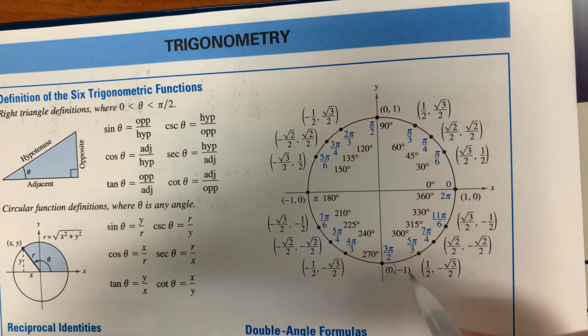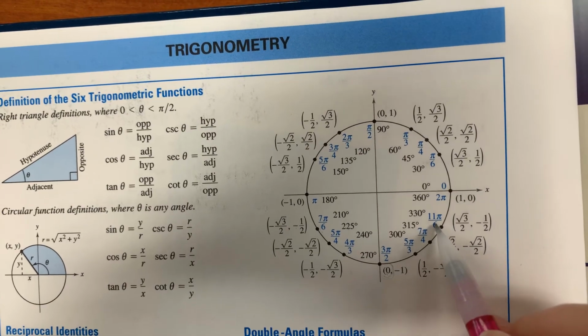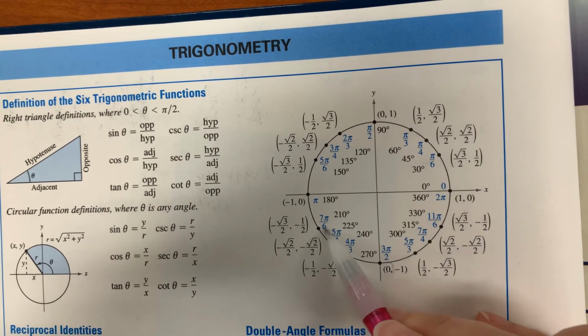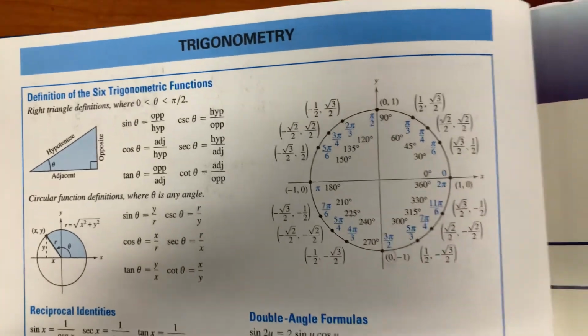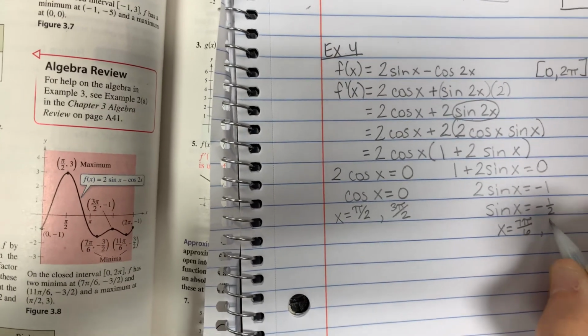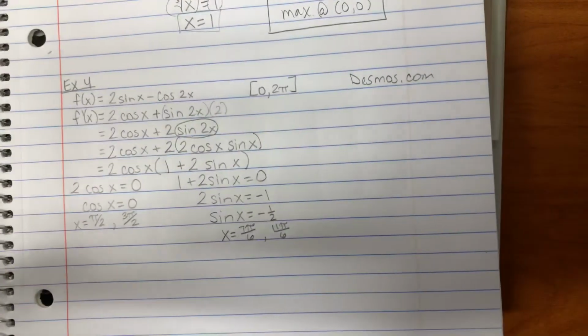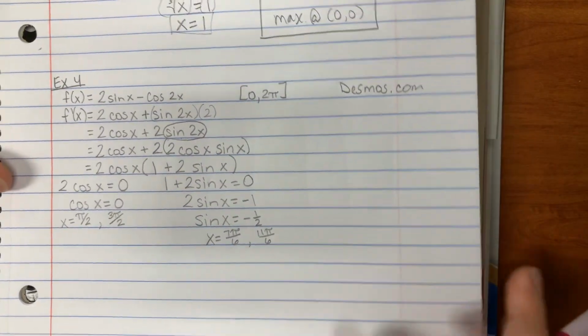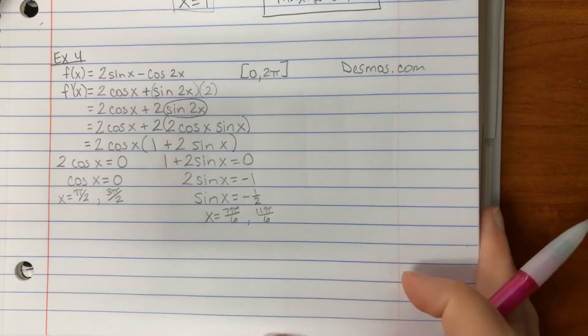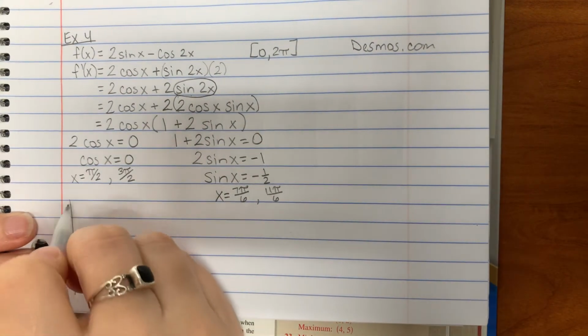And then another y value where that happens is right here, 11 pi over 6. So x equals 7 pi over 6 and 11 pi over 6. Now, if you have your unit circle memorized, you don't have to go over there to figure that out. My guess is a lot of you don't have it memorized anymore, so that's okay.